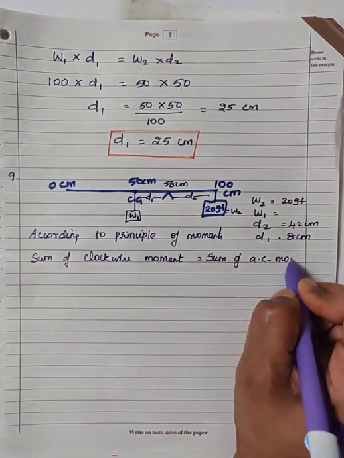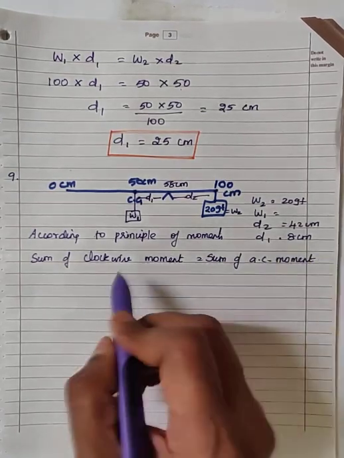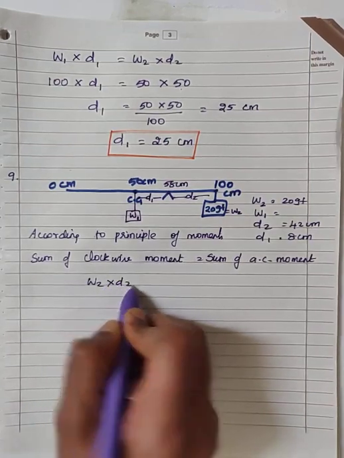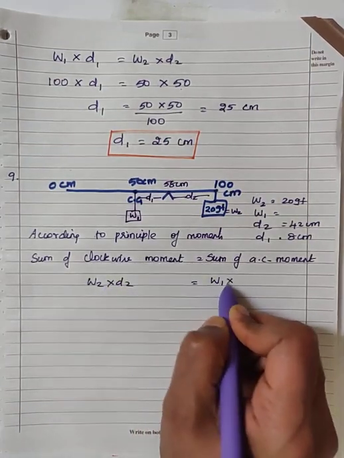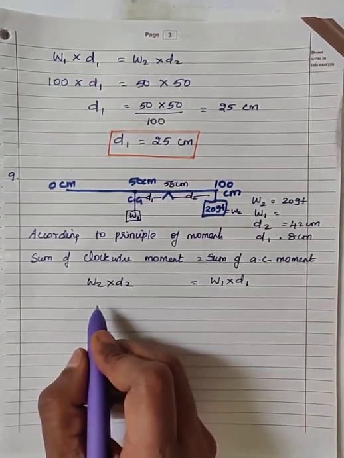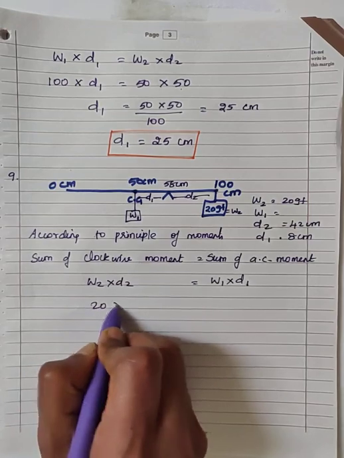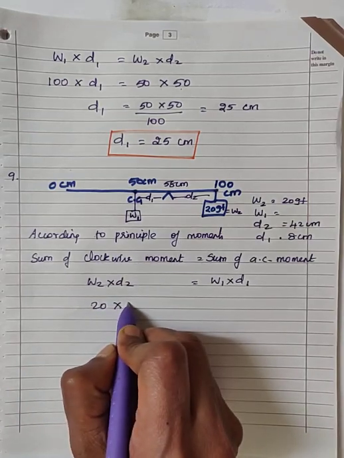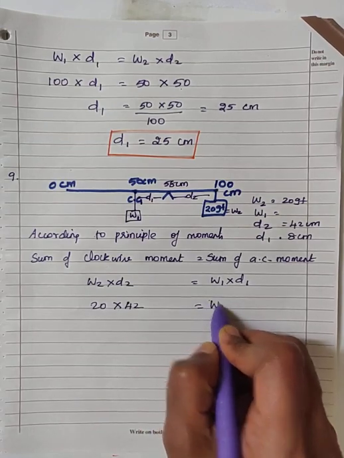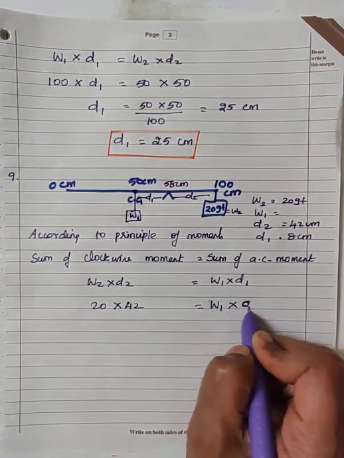Clockwise moment is produced by W2 into D2, which is equal to W1 into D1. You are asked to calculate W1. So I substitute for W2 20 gram force, D2 is equal to 42, W1 you are asked to calculate and D1 is equal to 8.